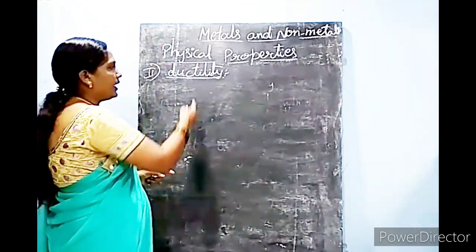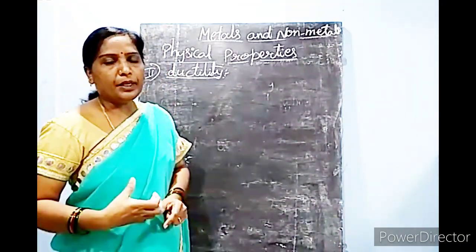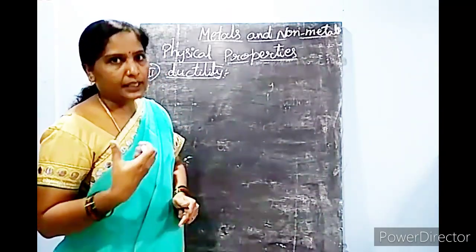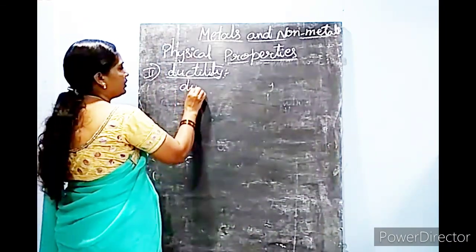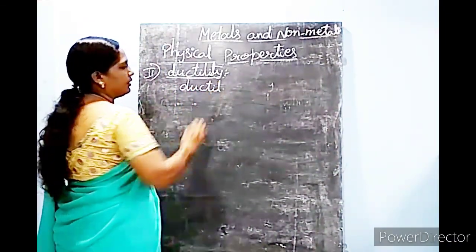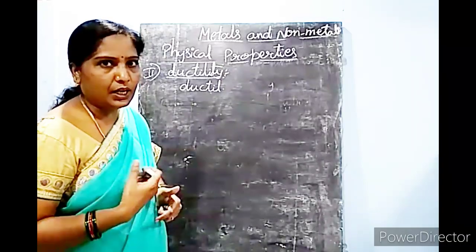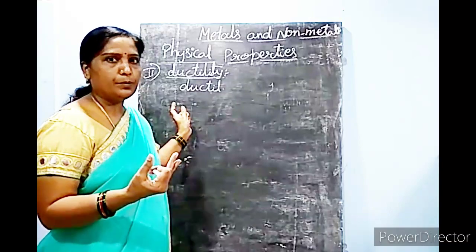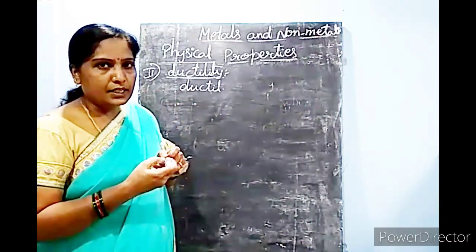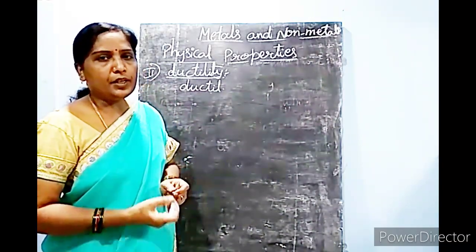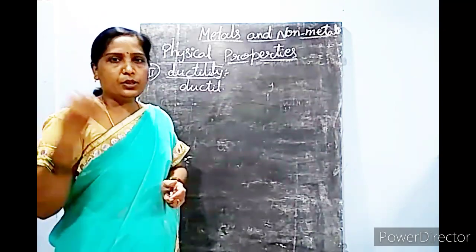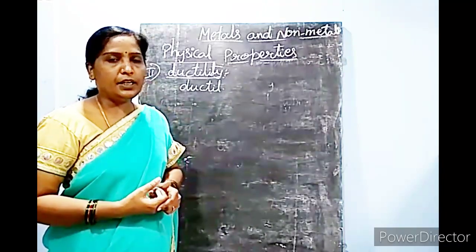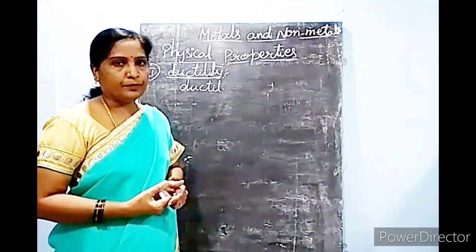This property is known as ductility. So the materials which show the ductility property are ductile in nature. Just now we saw copper, aluminium, iron. Iron can spread into wires. Copper can spread into small wires. Those wires we use inside our electric wires to pass electricity.